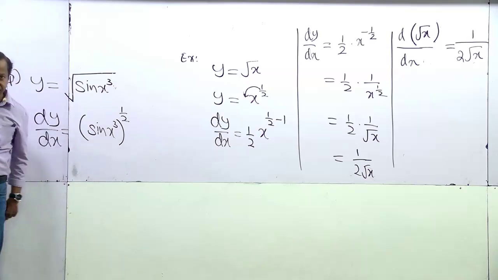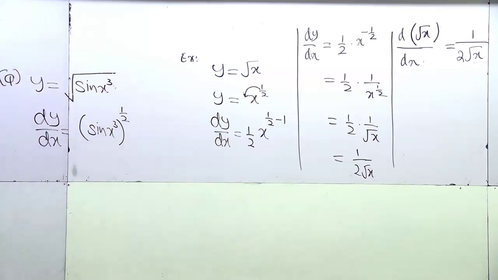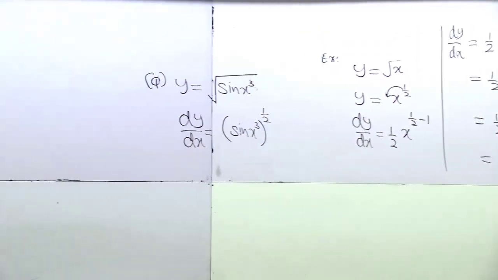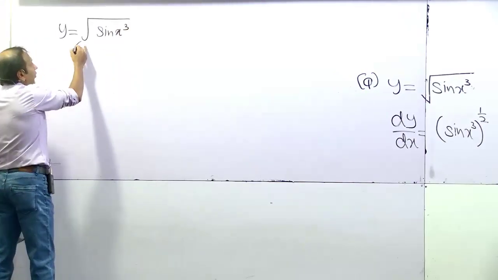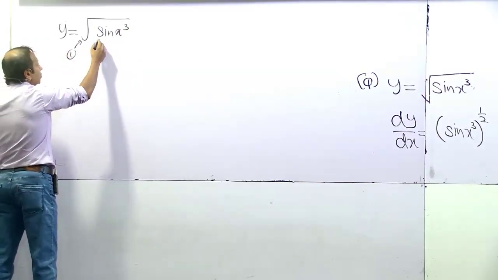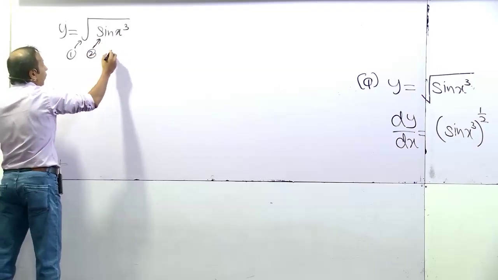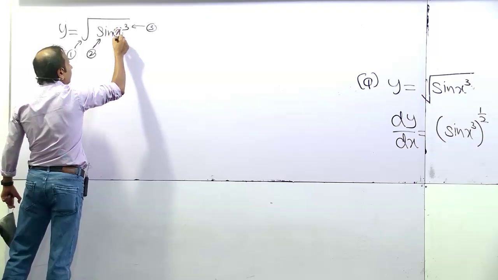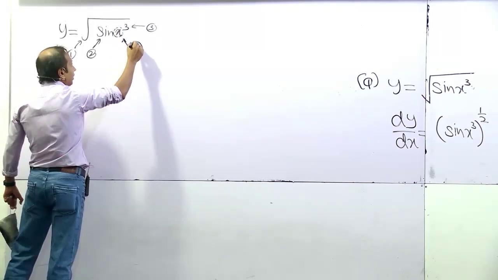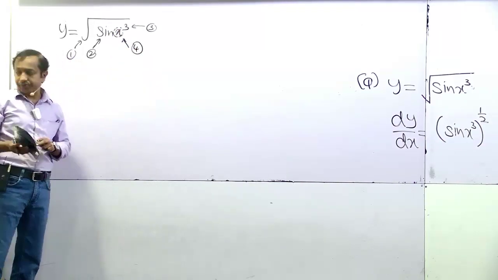Now differentiate this. y equals square root of sine x cube. First one is the root sign, second one is the sine ratio, third one is this power 3, finally this x. That's the order of differentiating. One after the other we have to do this in order.